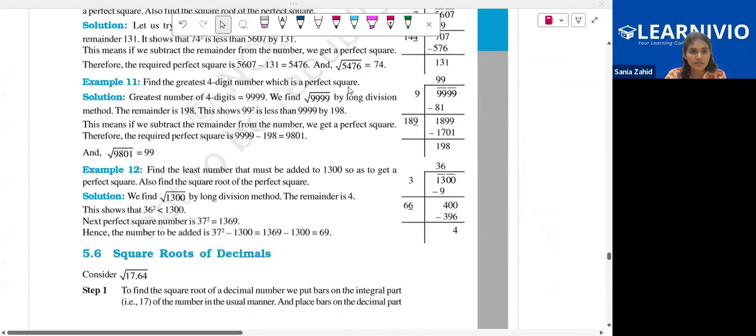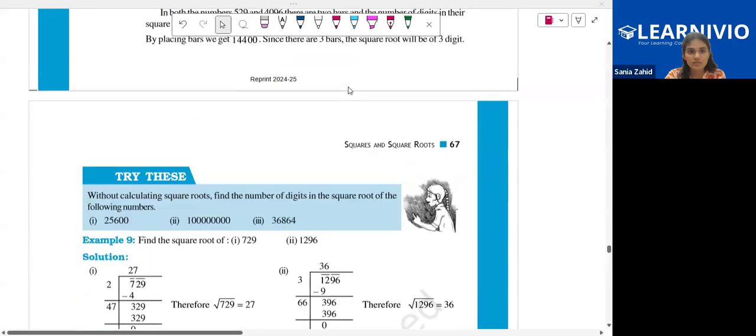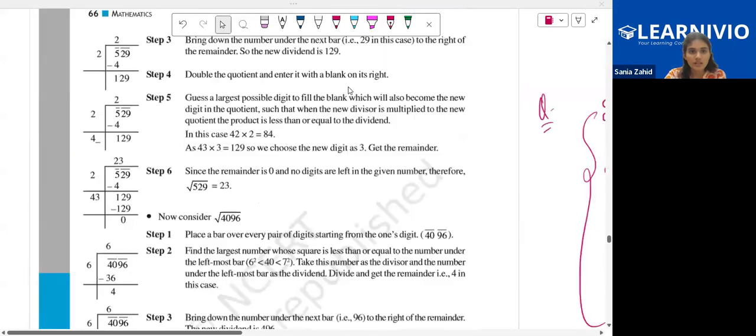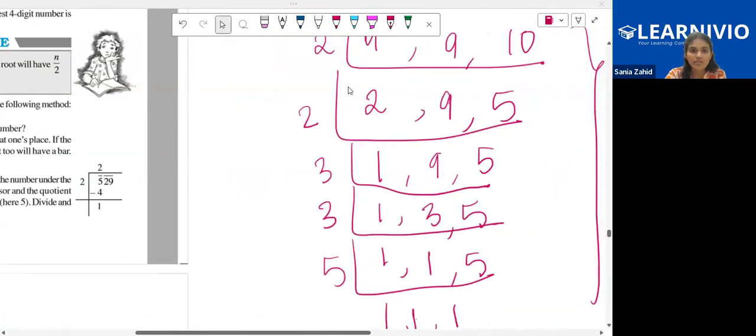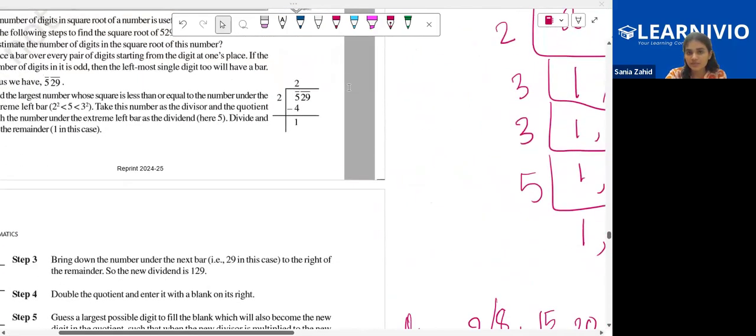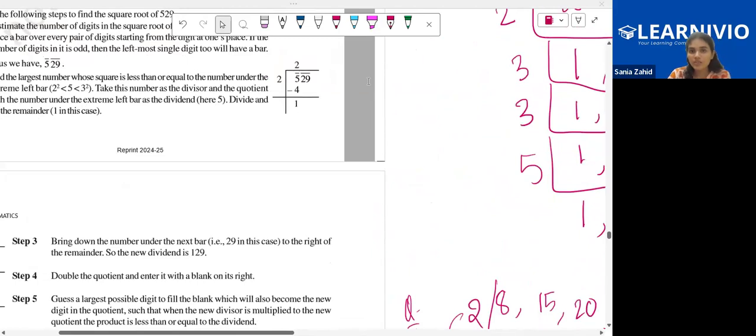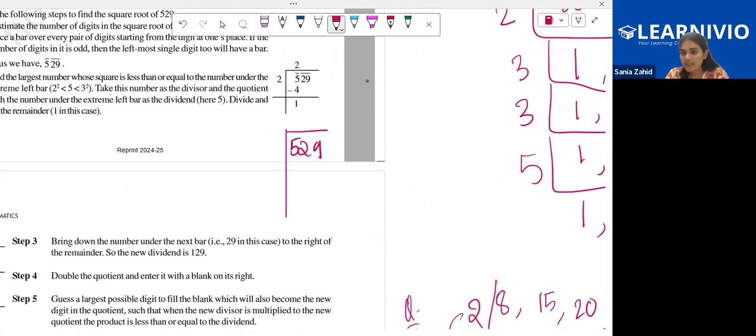See, look here. Let's suppose you have 529. And now I ask you, when you find the square root of 529, how many digits are there in the square root? That is your question. We don't have to calculate the square root. We have a trick for this.